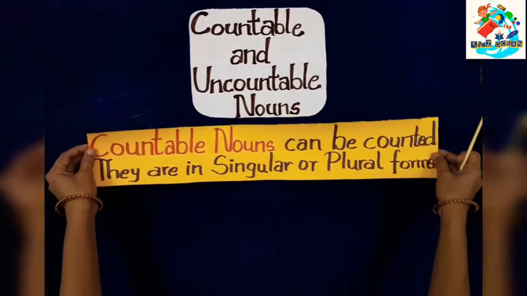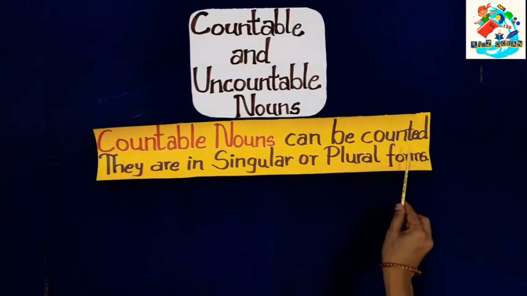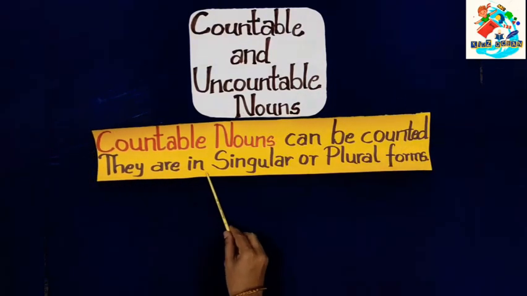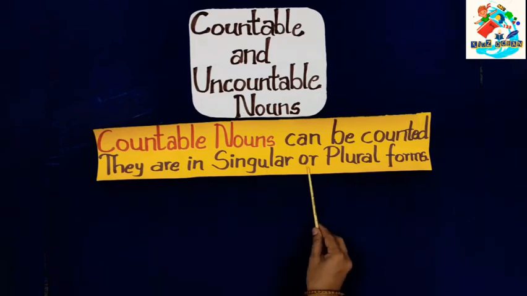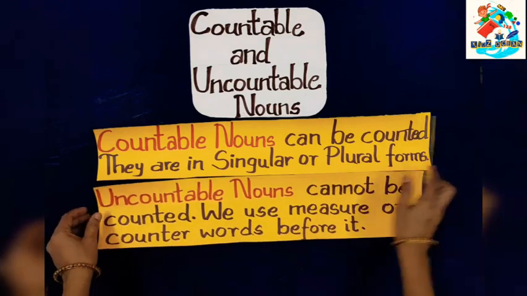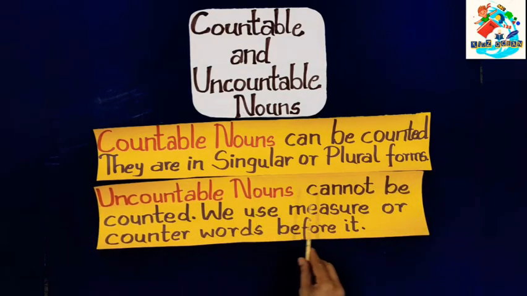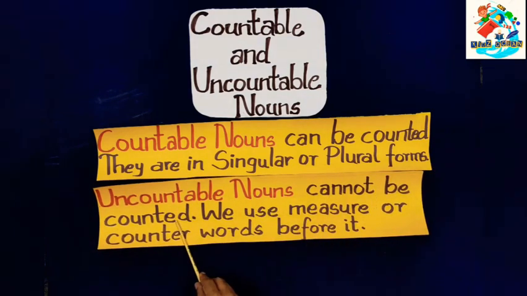So, countable nouns can be counted. They are in singular or plural forms. And uncountable nouns cannot be counted.